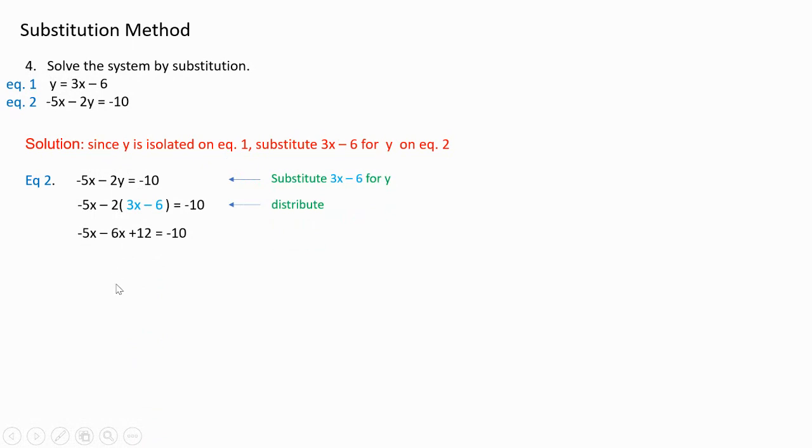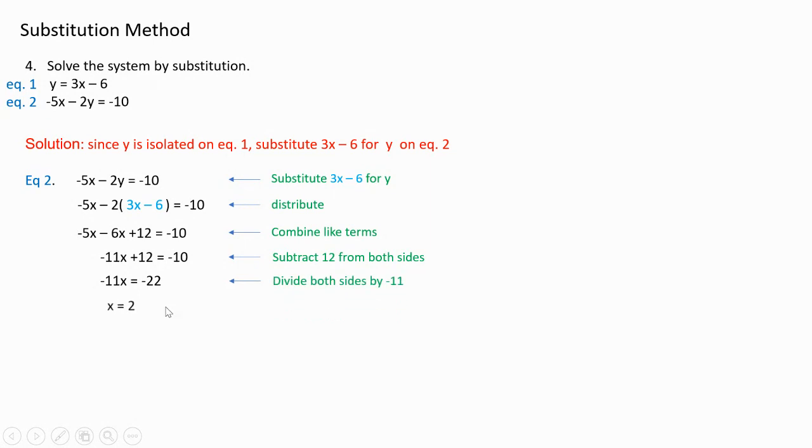So -5 minus 6 will give us -11x plus 12 equals -10. Now we have to solve for x, right? So we're going to subtract 12 from both sides. So it's going to give us -11x equals -22. Then we divide both sides by -11, which will give us x equals 2.